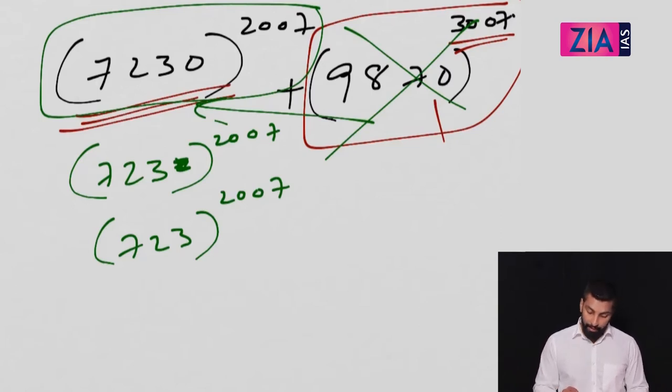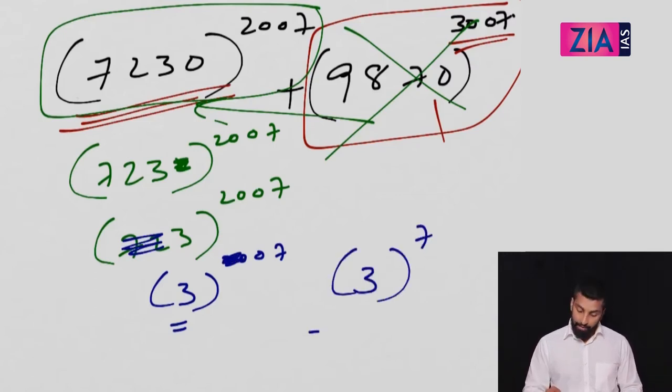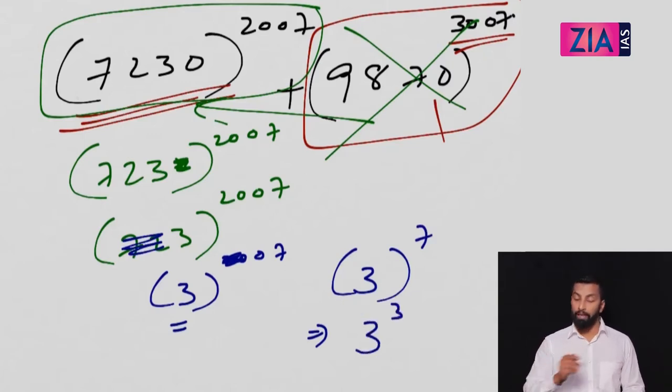Since it is last digit, this 2 is not important, so you'll write it as 3 raised to 2007. Since the power cycle of 3 is 4, the 2000 is also not important, so you'll write it as 3 raised to 7. 3 raised to 7 you can also write as 3 raised to 3 because the power cycle is 4. We have already discussed this. So what is your answer? Answer is 7.